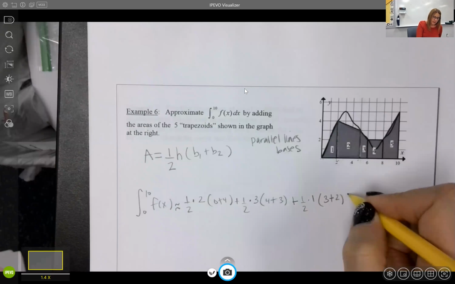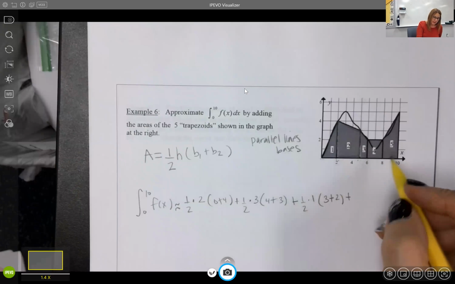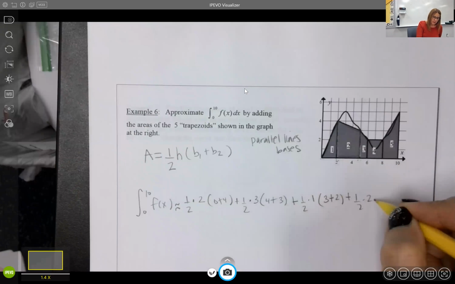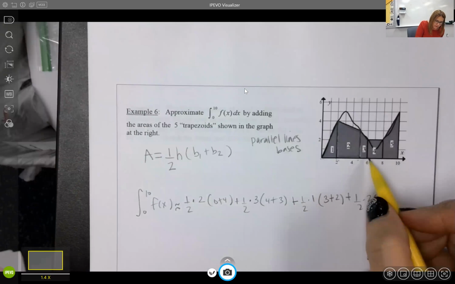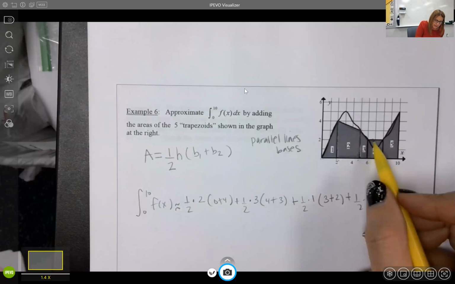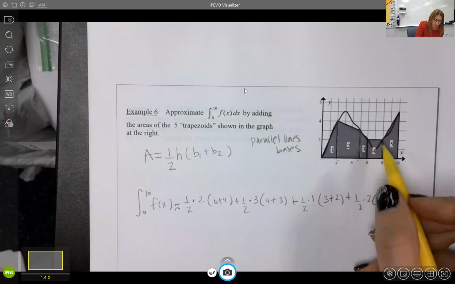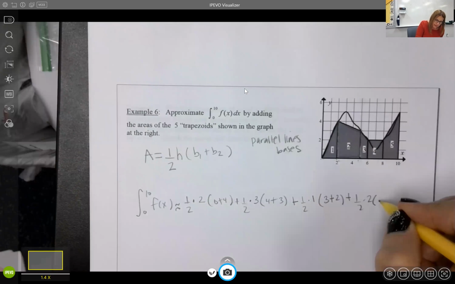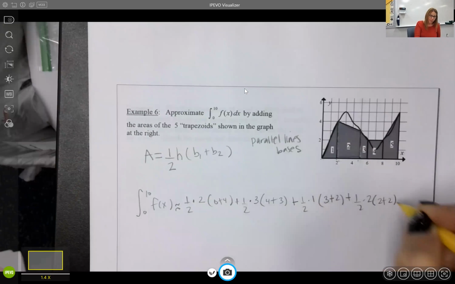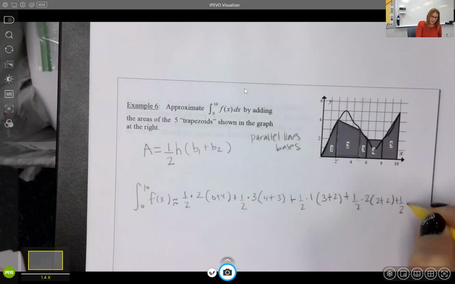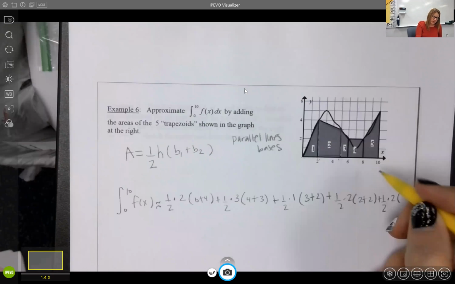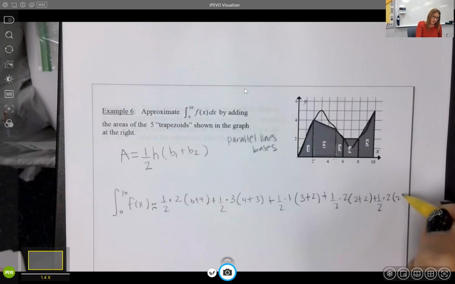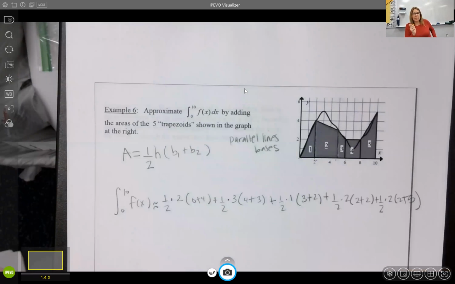And then the next one, number 4, from 6 to 8 is 2. If you look at it, the 2 bases right here and right here are equal, so they're both at 2. And then the last one is 1/2 times 2, and then we've got 2 plus 2. And that would give us the area under that curve using the trapezoids.